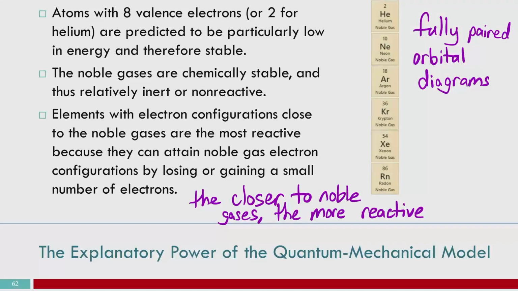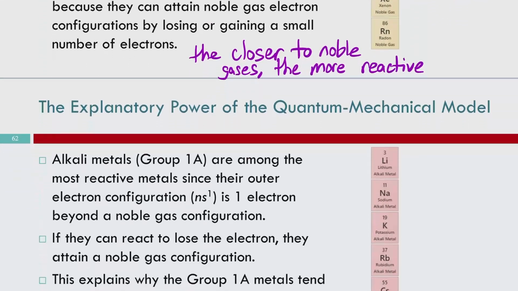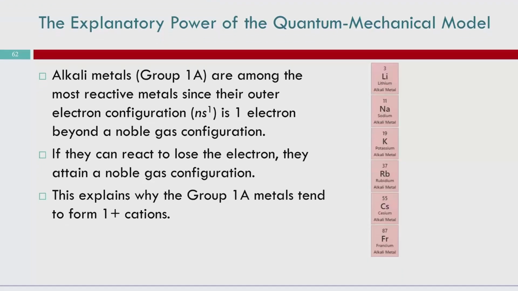If they lose that one electron, they unveil, uncover, show off that they actually have noble gas configuration underneath that. And that's going to be really stable. So our alkali metals are the most reactive metals because of that, whatever the row is, ns1 electron configuration.